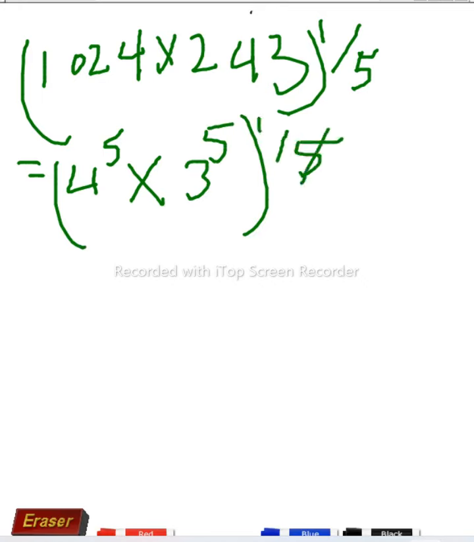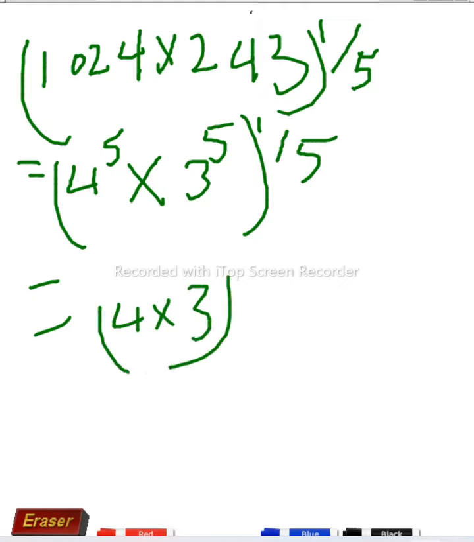Don't forget the power of 5. We can take the power of 5 common for both 4 and 3. We have the common number 5. So by taking it, we can write this as 4 times 3 the whole to the power of 5.